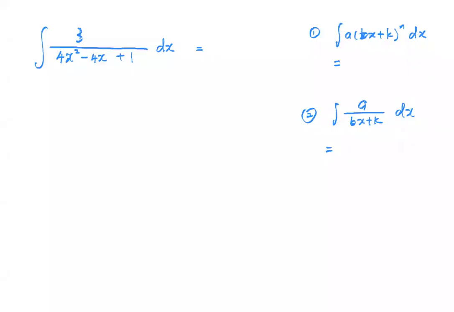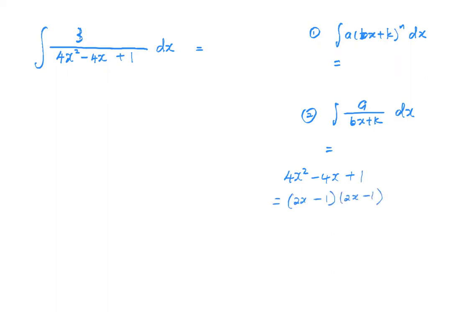You see? You know that these two formulas cannot be used. So how should I modify this? It's a square. So you don't split, you factorize. You know that 4x squared minus 4x plus 1 can be factorized like that, correct?